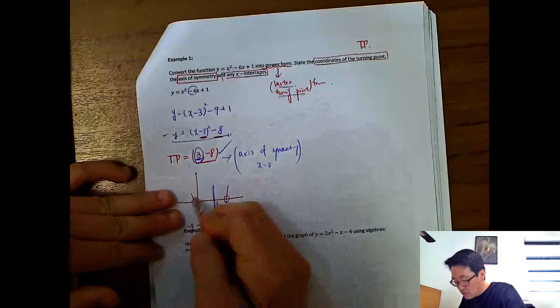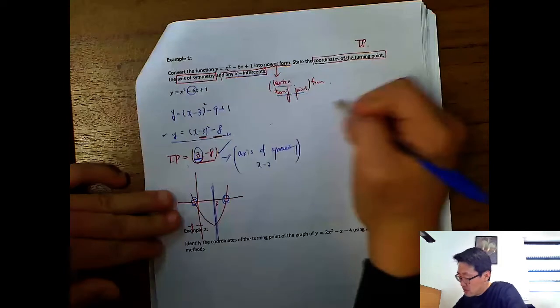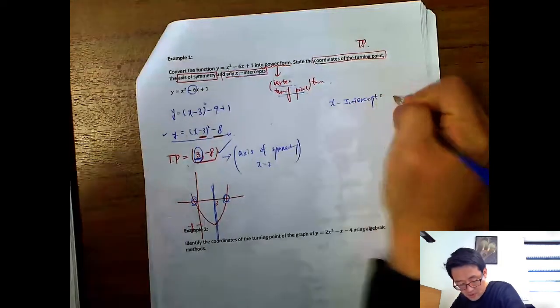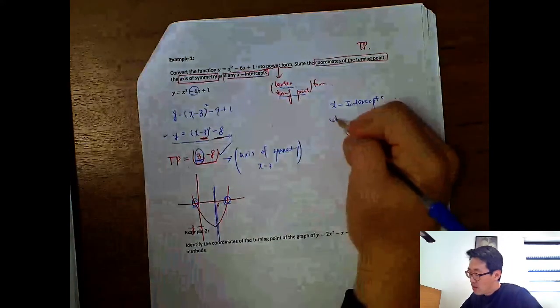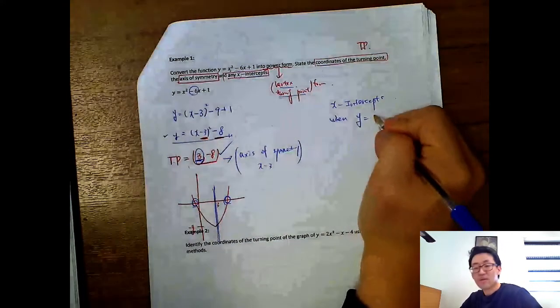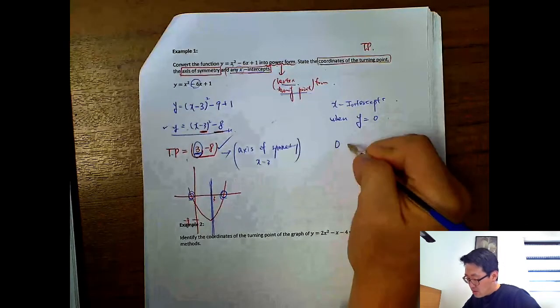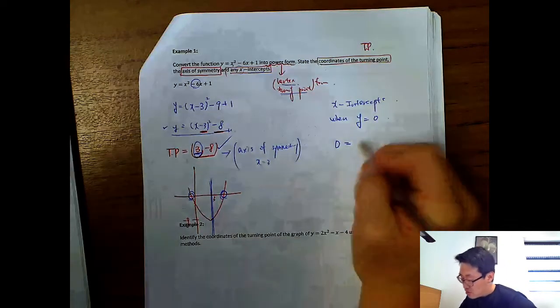But I can see we will definitely have what? X-intercepts. How can you get the x-intercepts? When what? Y equals 0. Good, guys, good. When y is 0, you can use that.